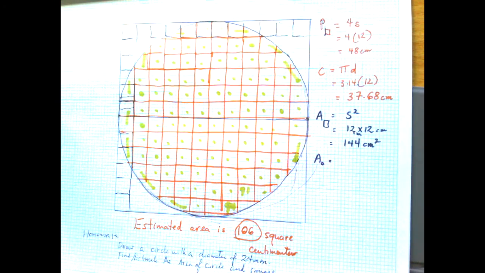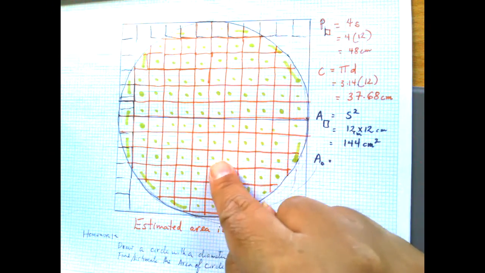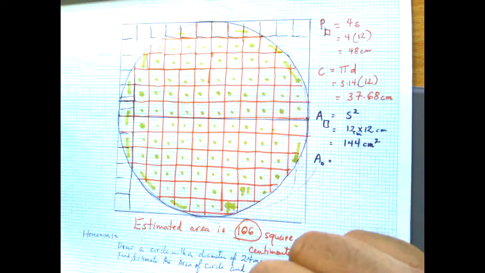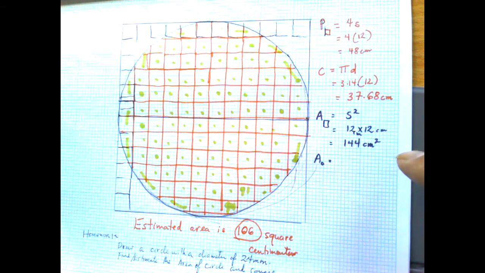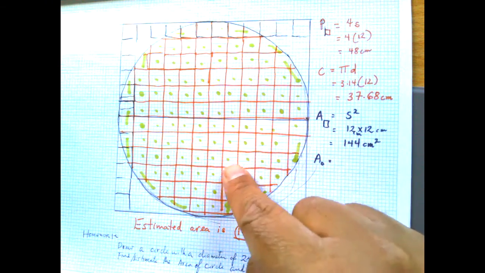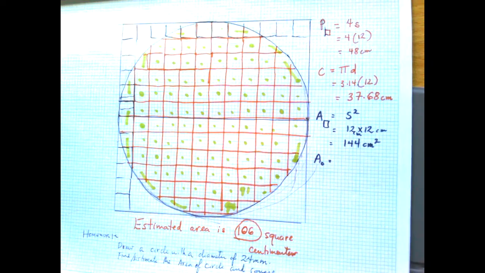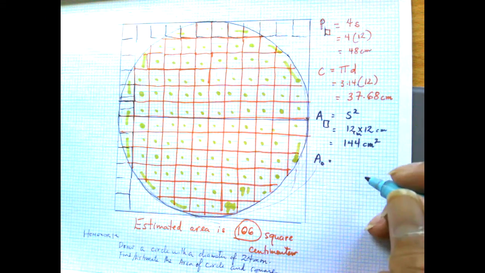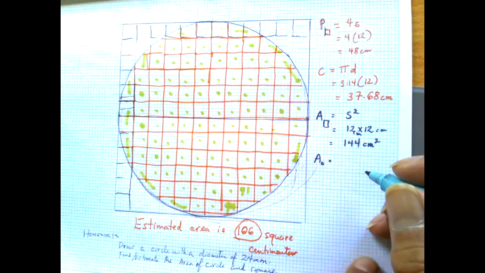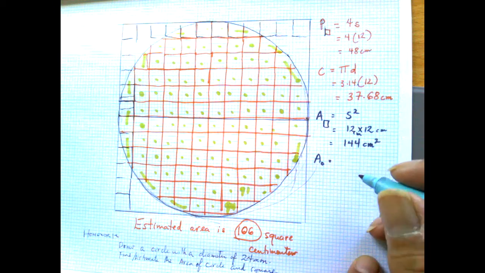Now, how do people calculate the area of the circle without doing all this counting? There is a formula, obviously, which we're going to talk about. How they got this formula is really the next video that I'm going to show you.